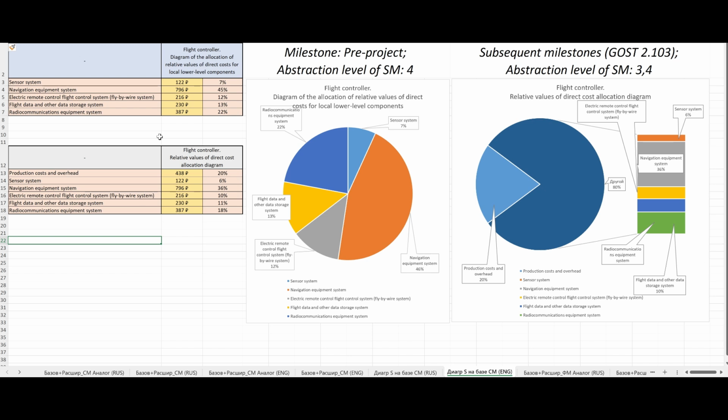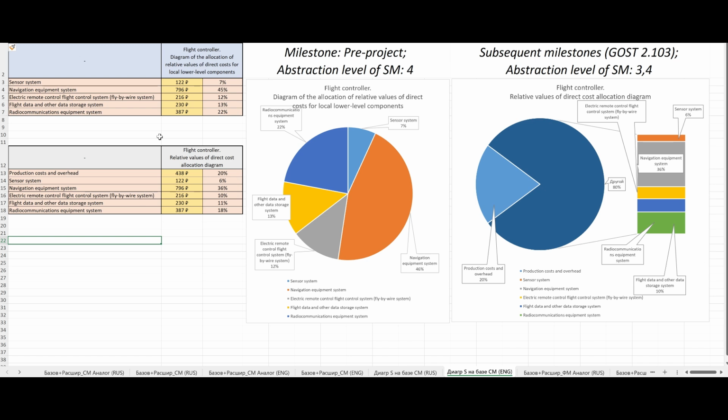So, since as a pre-project milestone we have information about costs only for individual purchased products made by the prototype method, individual simple parts and components purchased in the retail network, that is, in fact, we are not talking about the direct product costs, but about the distribution of direct costs for components of the lower abstraction level, purchased products, details, fasteners, etc. Then the S diagrams at the pre-project milestone should be named accordingly.